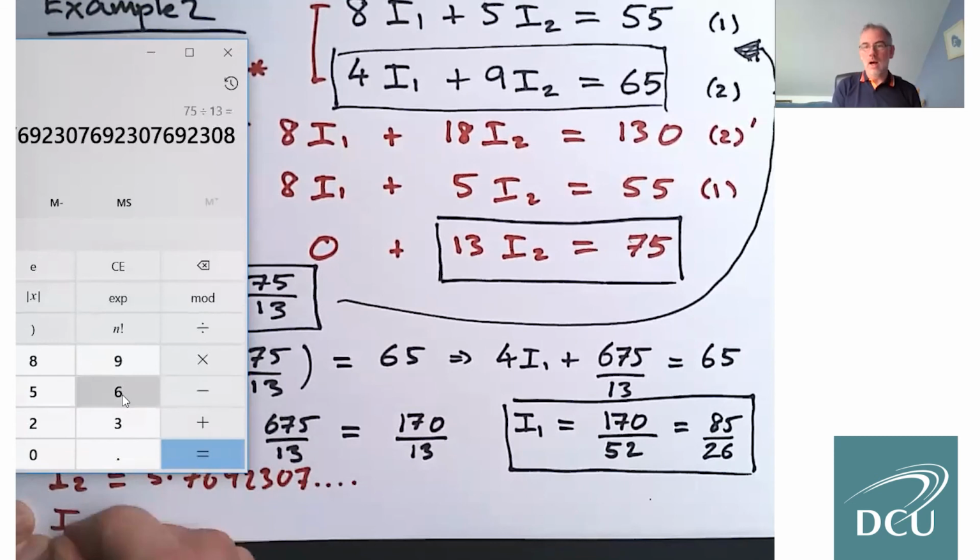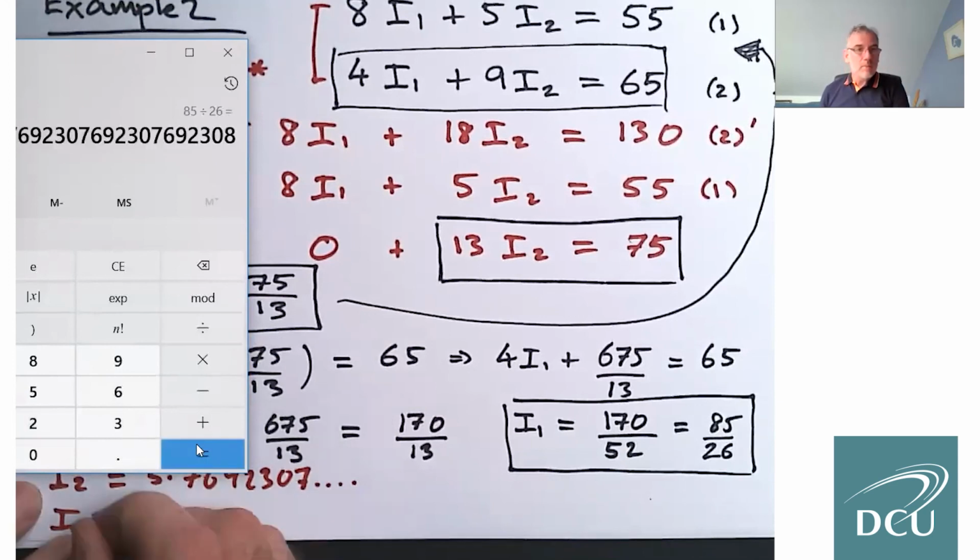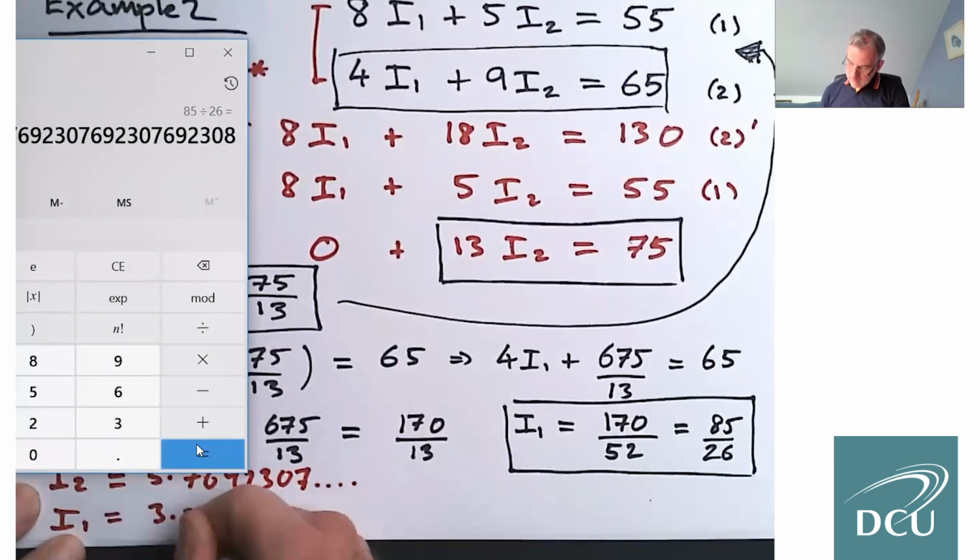I1 is 85 over 26. 85 divided by 26 gives me 3.2692307, and so on.